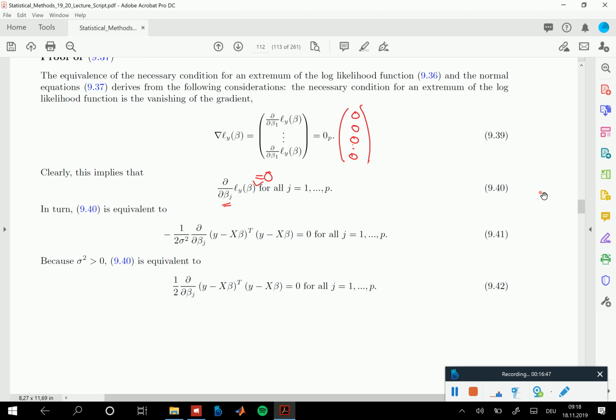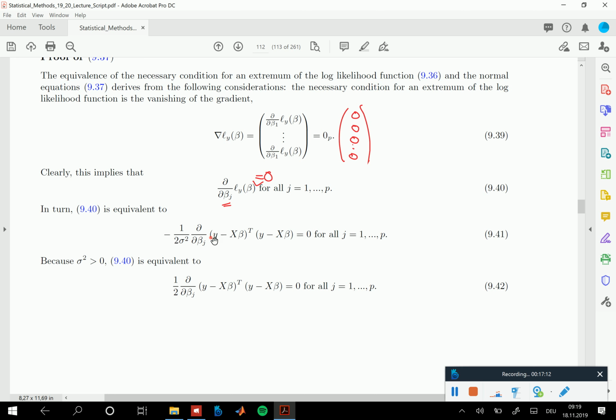And then one can continue with what that means. So what does it mean that all these partial derivatives are 0? By looking at one of them, and what is substituted here is the log likelihood.